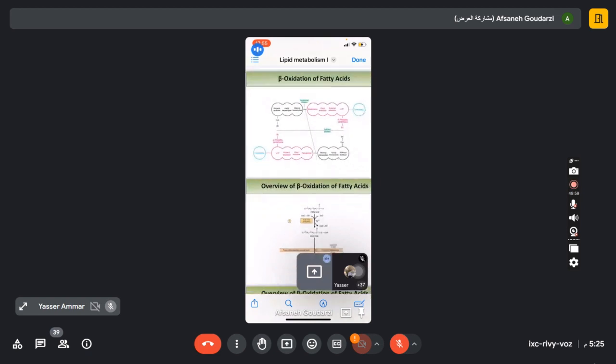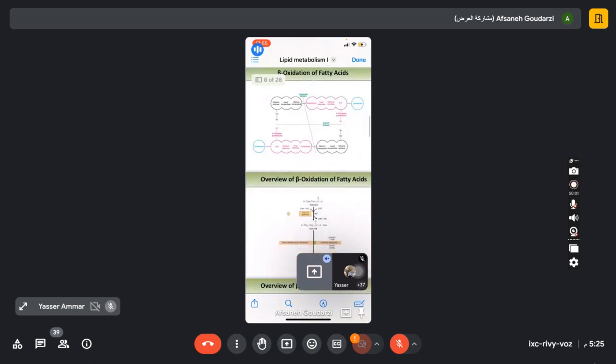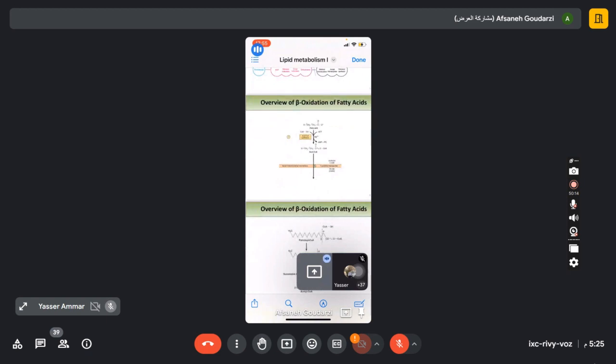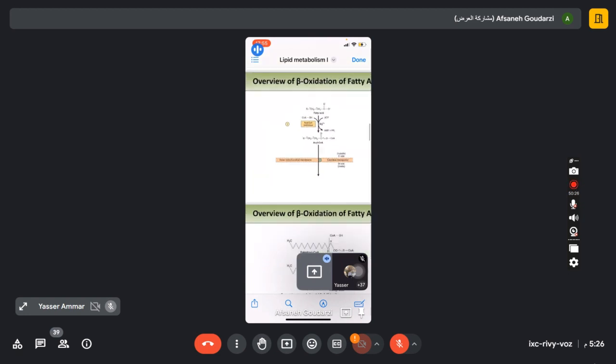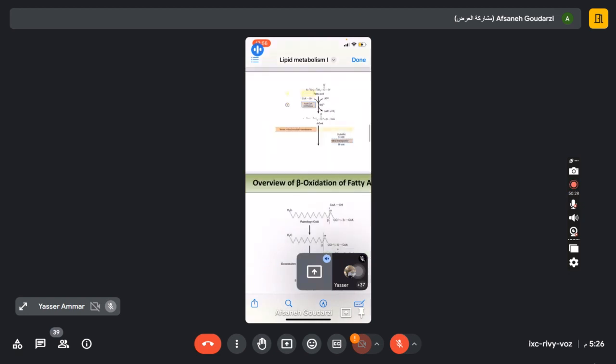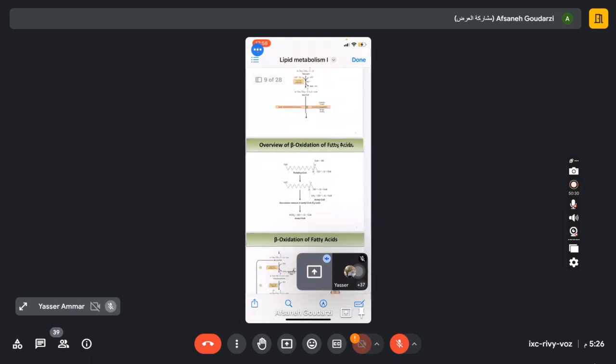You see we have different enzymes. I will explain these enzymes when I'm talking about the reactions. So this is the overview of beta oxidation of fatty acid. The fatty acid, in the first reaction, we said should be changed to acyl-CoA by using 2 ATP, and then it could move from the cytoplasm to the matrix of the mitochondria.